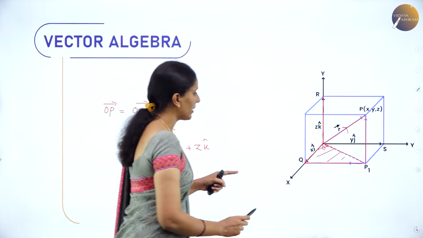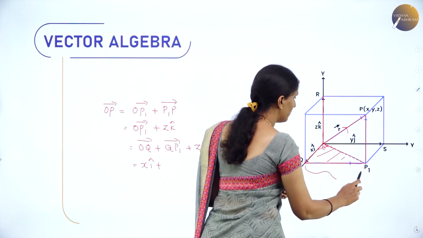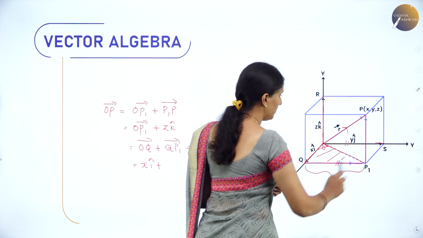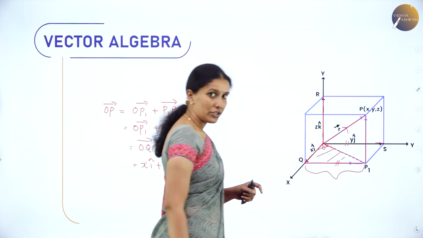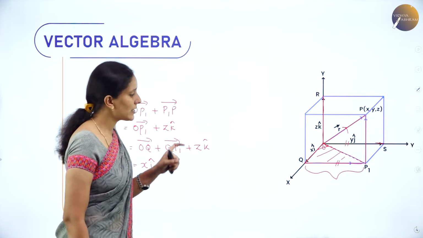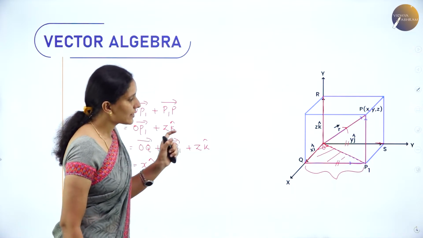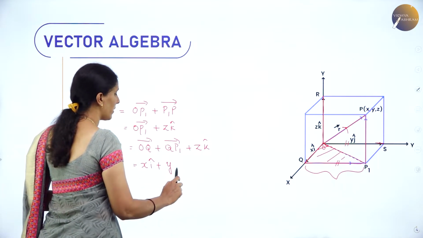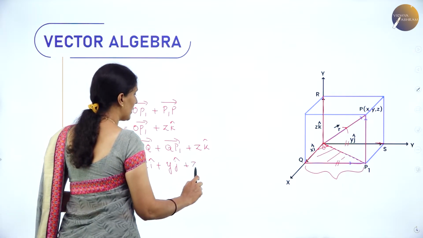What is QP1? Clearly see this QP1 is parallel to the line OS, whose value is yj. The distance, also the magnitude, is one and the same. So therefore, OS is equal to QP1. That is why I can write this as yj plus zk.